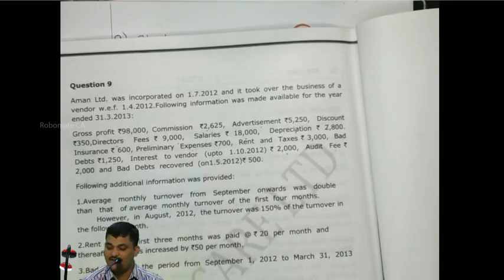Bad debts recovered is income. It will come in the credit side, and it will come specific to the period in which the money was recovered.